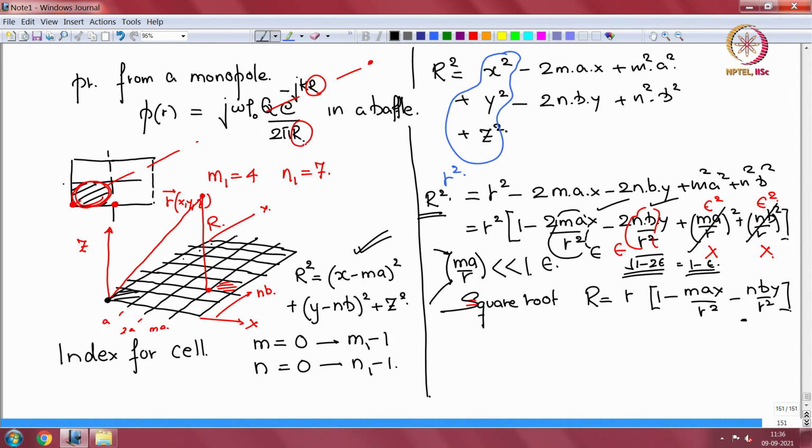Okay, so now the pressure is a sum. Now the pressure at that point R, let's say, is a sum. We are keeping the time term out by now, you know, right?